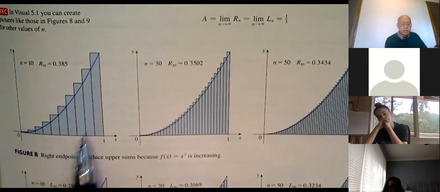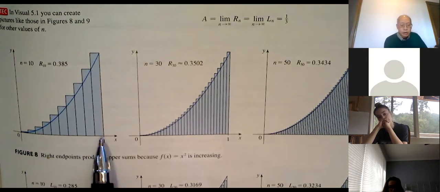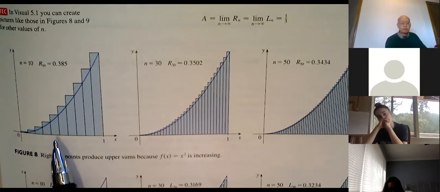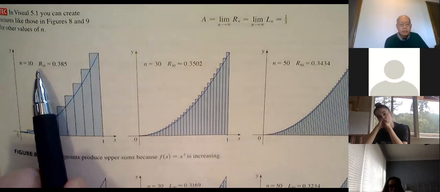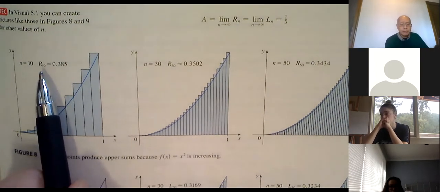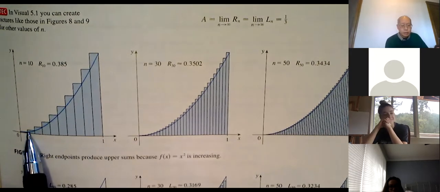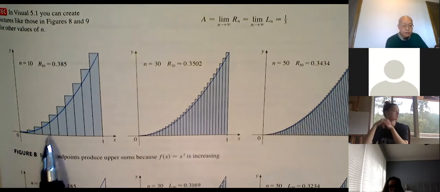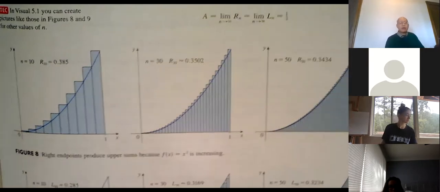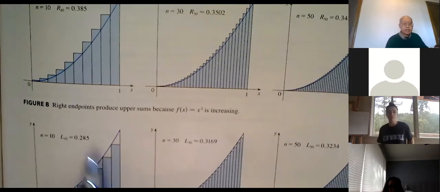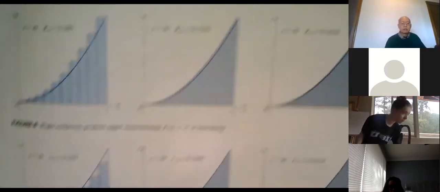Okay, so chop, chop, chop into 10 pieces. So if you're going from 0 to 1, each of these is 1/10 or 0.1. R means the rectangles are formed by picking the right endpoint. So that one, that one, that one, that one, that one, that one, that one. Okay. L stands for using the left endpoint.